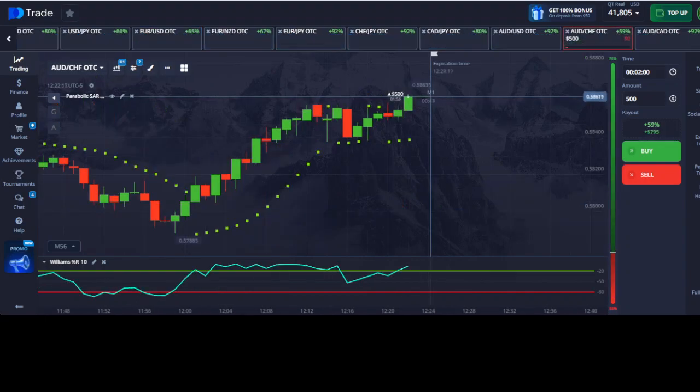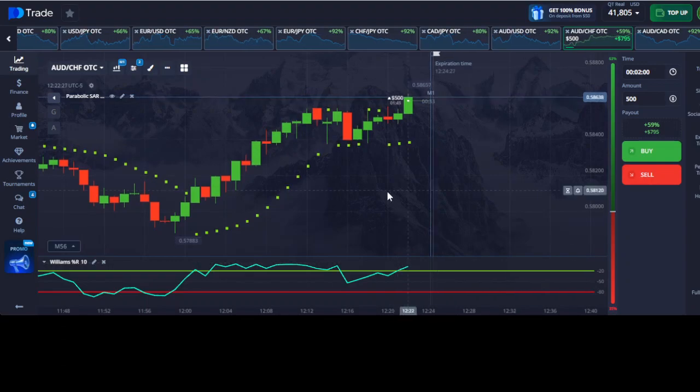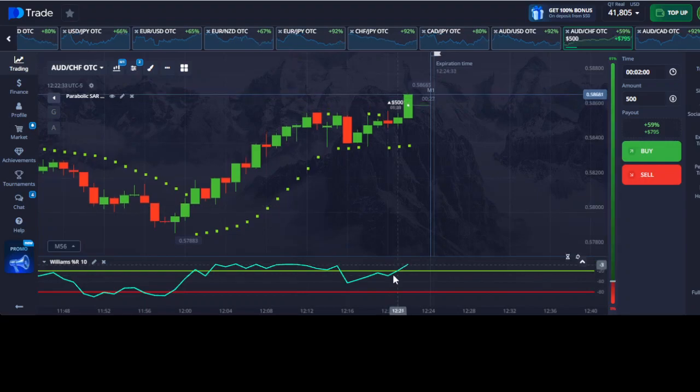I'm on the Aussie dollar Swiss franc currency pair, and I just took a buy trade. The reason I took the buy trade is, first of all, the Williams %R just crossed over the 20 line, the green 20 line, in an upward direction.